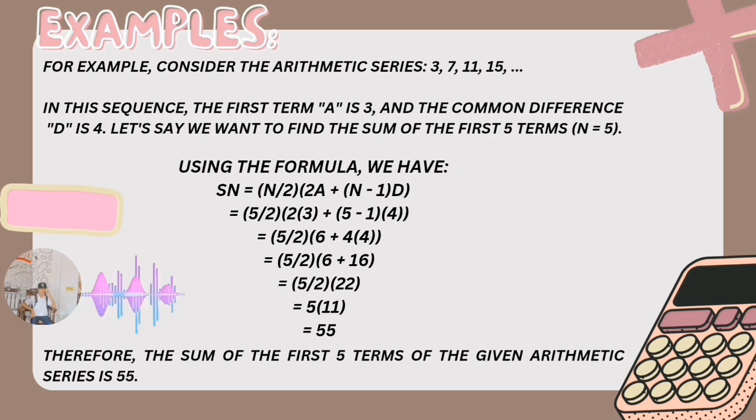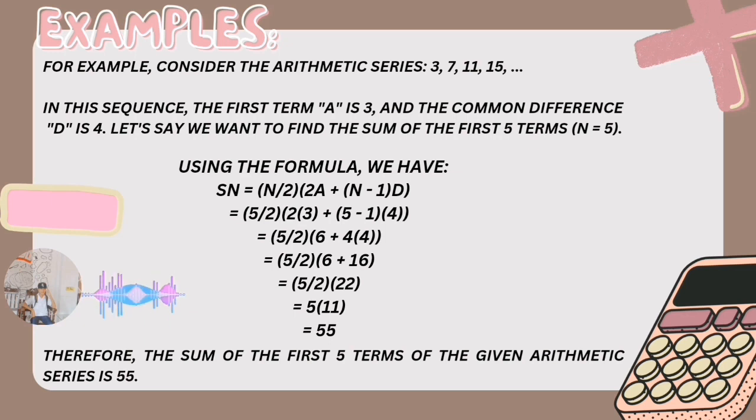Using the formula, we have S_n = n/2 times the quantity 2a + (n - 1) times d = 5/2 times the quantity 2 times 3 + (5 - 1) times 4. Bring down 5/2, and 2 times 3 equals 6, and 5 minus 1 equals 4, times 4. So we have 5/2 times 6 + 4 times 4.